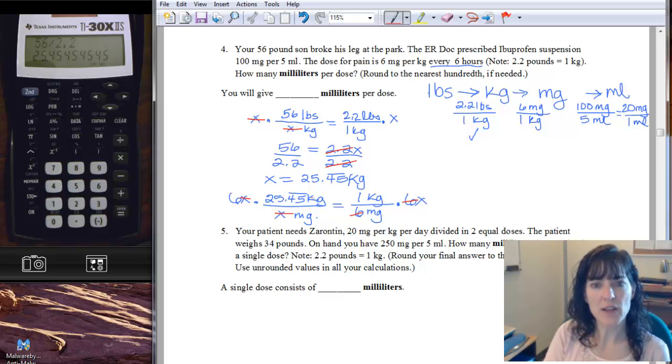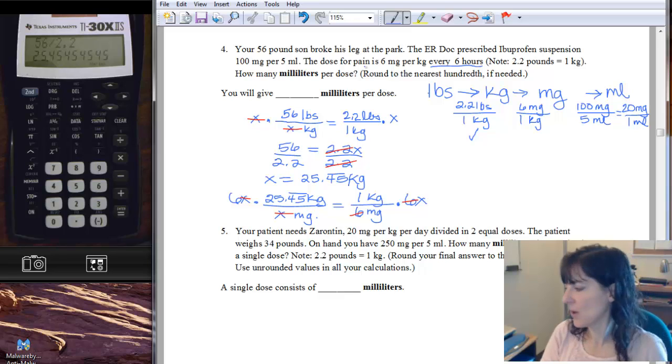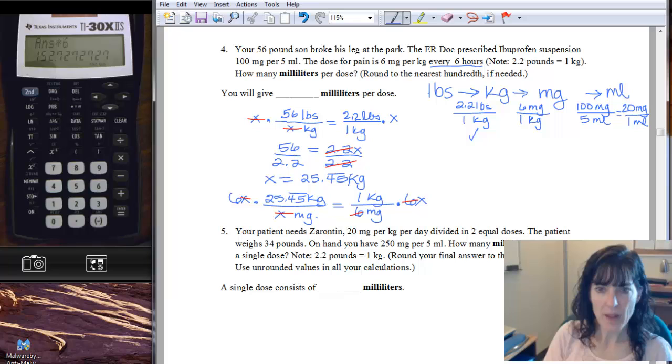So I need to take that 25.45 repeating, which is sitting right there on my calculator, and multiply it by 6. So I'm going to do that. So just times 6 equals. And on the right hand side you can see that I have my x, because it's x times 1, so that's all that I have left there.